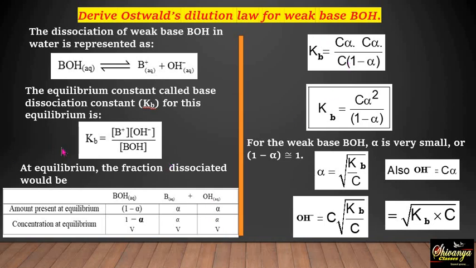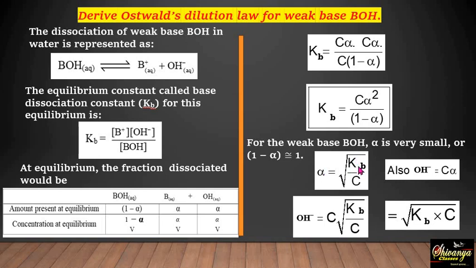So Kb becomes C alpha into C alpha divided by C in bracket 1 minus alpha. Here also the equation becomes Kb is equal to C alpha square divided by 1 minus alpha. BOH is also a weak base, so alpha is very small, so 1 minus alpha is considered as 1. So the equation becomes Kb is equal to C alpha square.